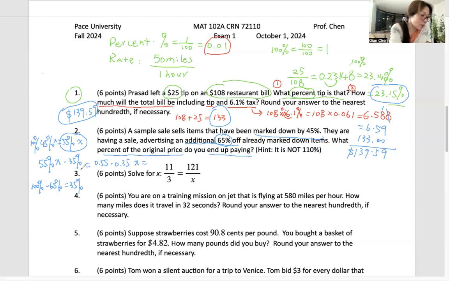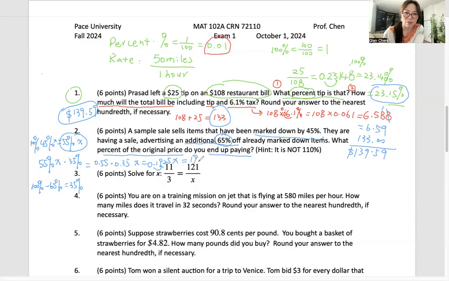Okay, now I hit into a calculator. 0.55 multiplied by 0.35. I get 0.1925 of the original price. Now I need to convert it into percentage. Move the decimal, multiply by 100% again.